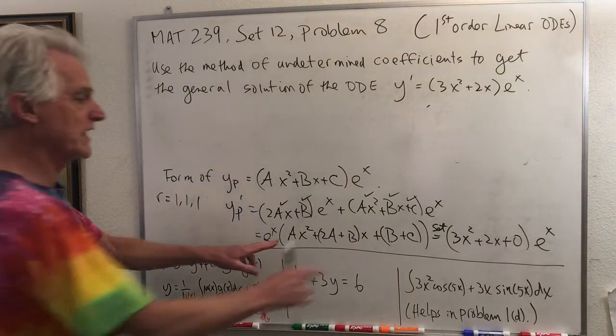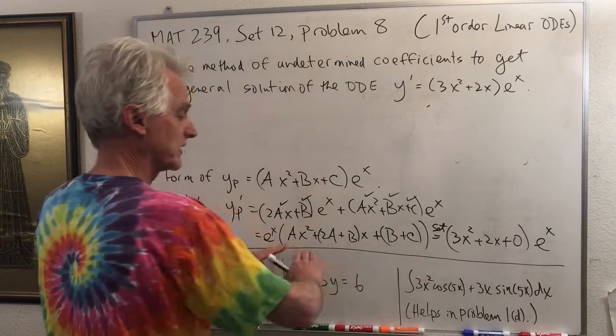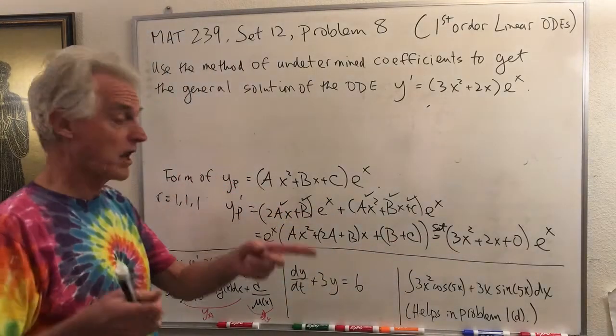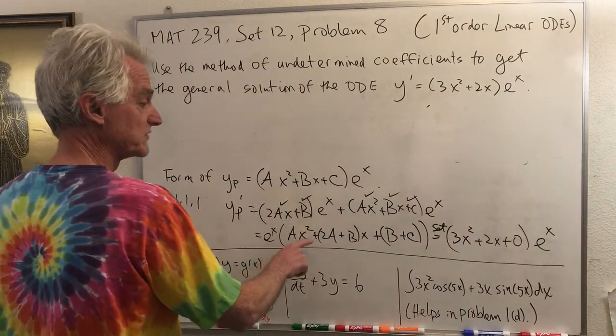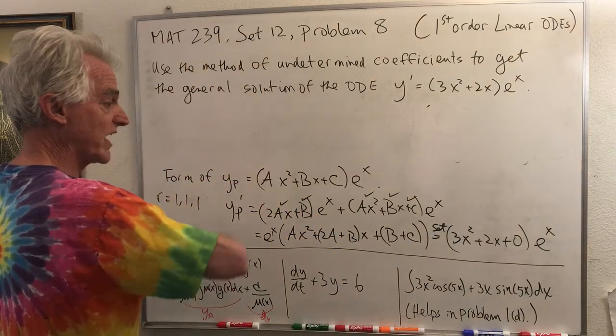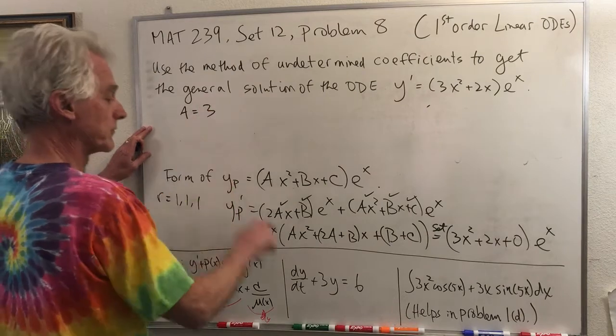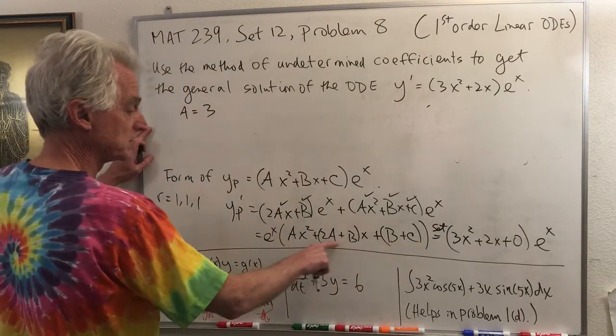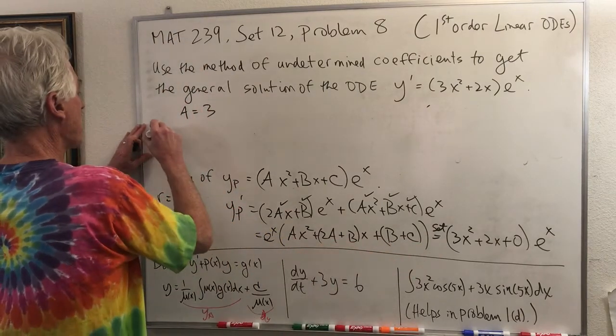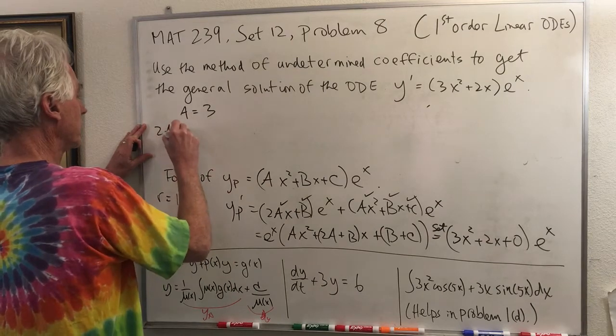So what are our equations? This equation has to hold for all x. So I need the coefficient of x squared e to the x to be the same. I need a is equal to 3. The coefficient of x e to the x has got to be the same. I get 2a plus b.